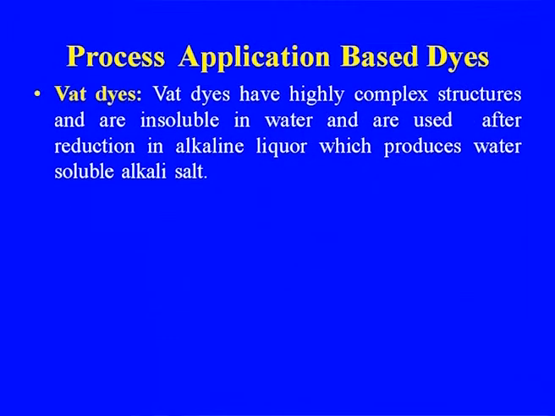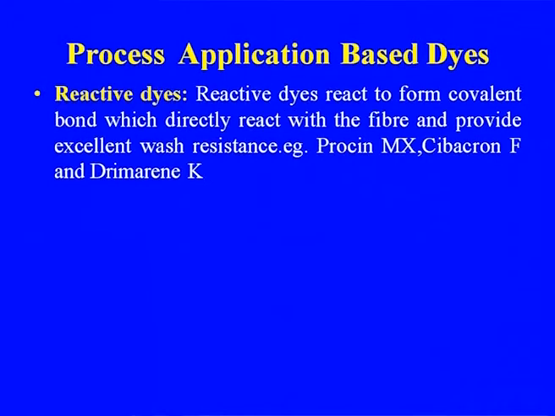Another type of dye is the vat dyes. Vat dyes have a highly complex structure and are insoluble in water and are used after reduction in alkaline liquor, which produces a water soluble alkali salt. Reactive dyes. Reactive dyes react to form a covalent bond, reacting directly with the fiber and providing excellent wash resistance.